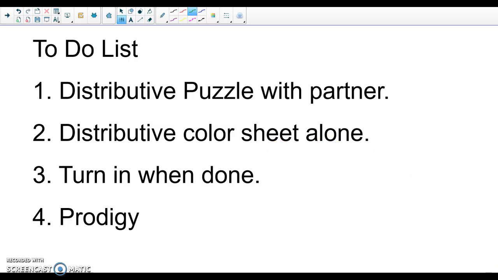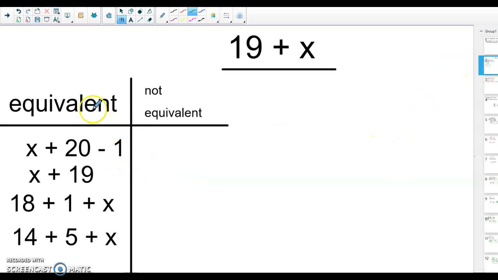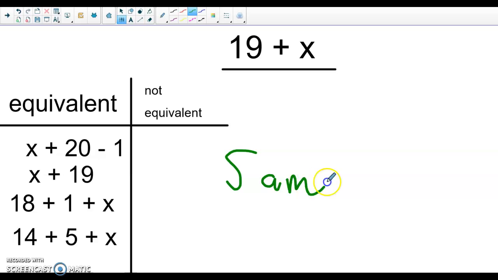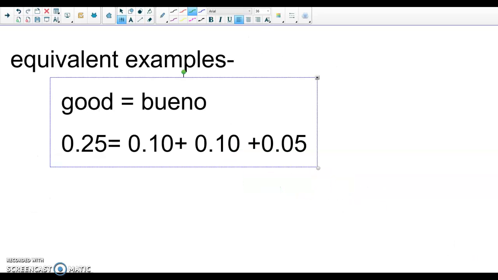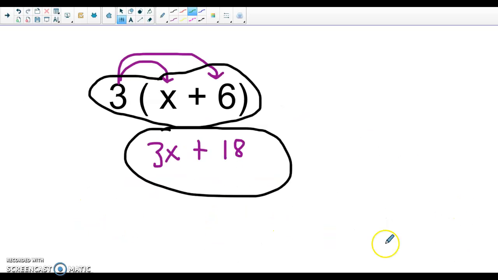Okay, so today, if you go back to the learning goal from the very beginning, we learned that you can use the distributive property to find equivalent expressions. We talked about how equivalent means the same. And we talked about how when you distribute, you're passing something out equally to the whole group, by multiplying.